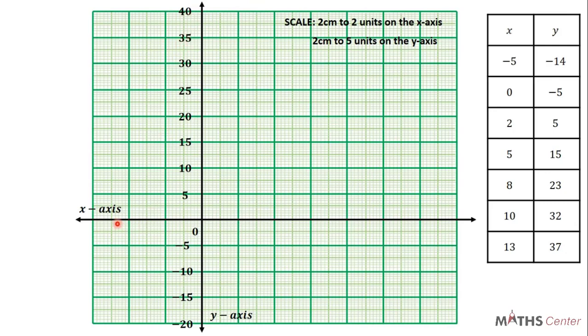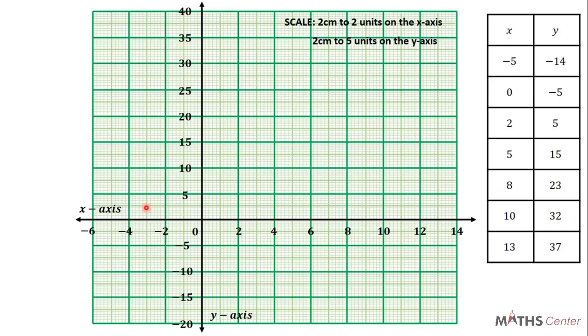So this is a good position for the x-axis because it allows us to plot the smallest value of y and the biggest value of y. We can now use the scale on the x-axis to number our x-axis. The scale is 2 centimeters to 2 units. So we have -6, -4, -2, 0, 2, 4, 6, 8, 10, 12, 14.